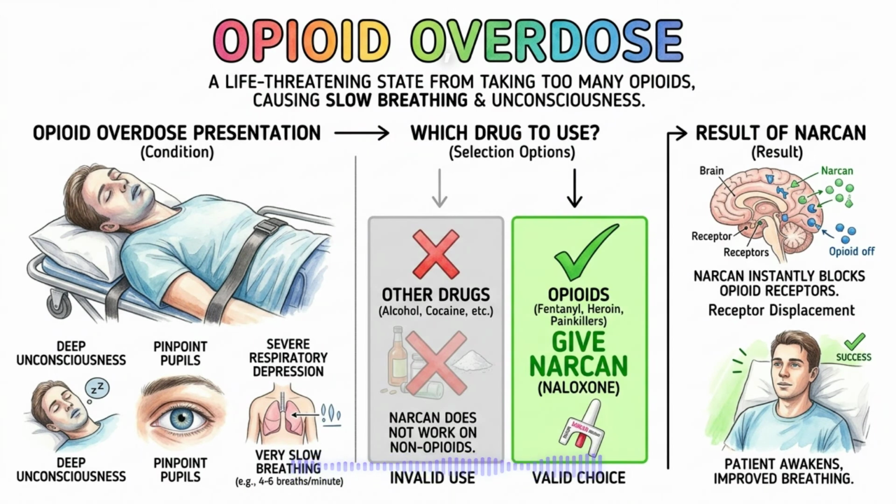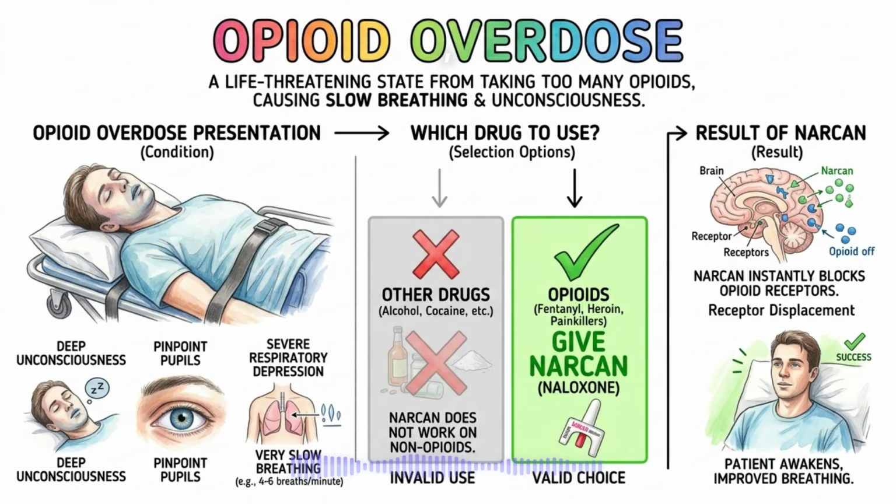Opioid overdoses are incredibly common in modern emergency medical services, involving drugs like heroin, fentanyl, and prescription painkillers. The classic presentation of an opioid overdose is a deeply unconscious patient with pinpoint pupils and severe respiratory depression, often breathing only a few times a minute.